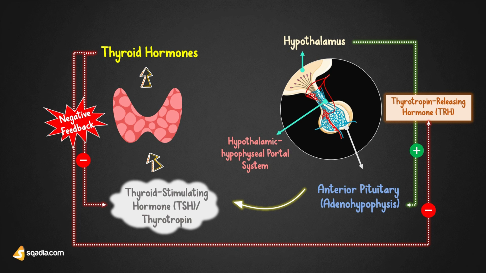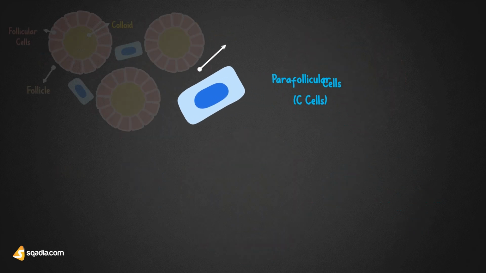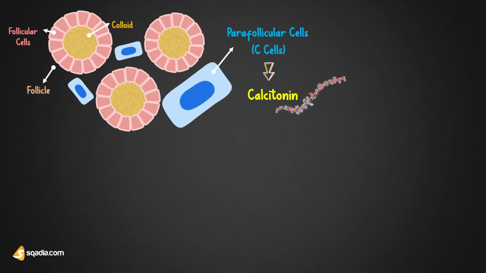Now, let's get back to a closer view of the thyroid gland. Well, you can see here some cells between the thyroid follicles. These cells are referred to as parafollicular cells, also called C cells. These cells secrete another important hormone called calcitonin, which is a polypeptide hormone.